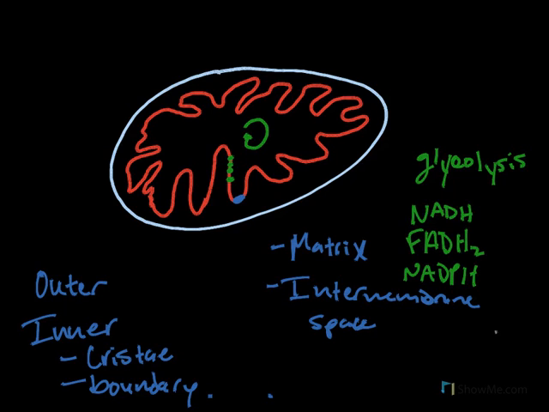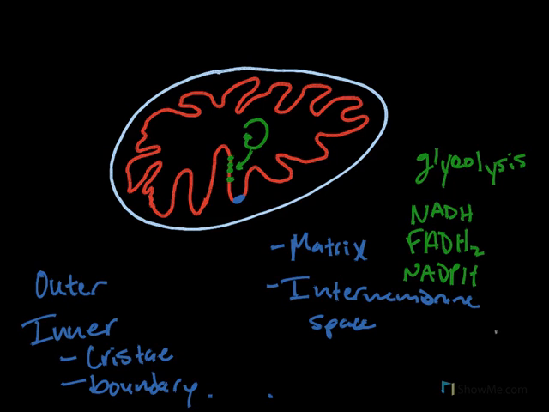So like I said, wherever we make our energy-carrying cofactors, we're typically going to make them on the same side of a membrane as where they're going to be used. So we're going to be making these energy-carrying molecules in the matrix, and they're going to be sent directly to the inner membrane at the electron transport chain proteins in those cristae.